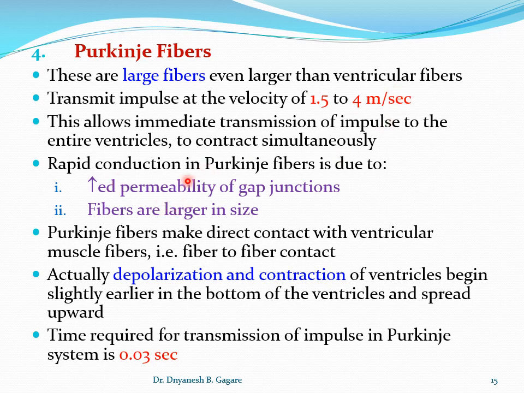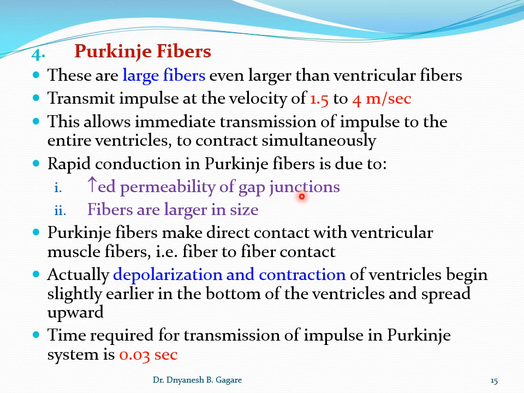And why is the velocity more, why is there rapid conduction? Because, as I told you, the fibers are large in size, and second, the gap junctions. What are gap junctions? A gap junction is an electrical link between fiber and fiber.